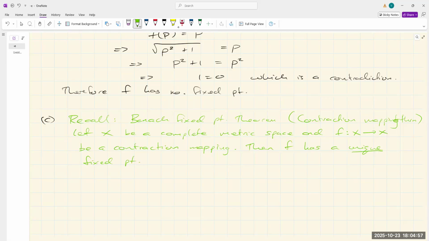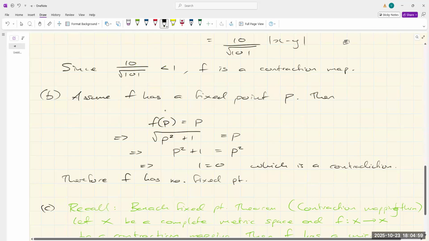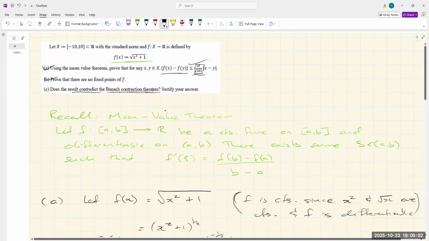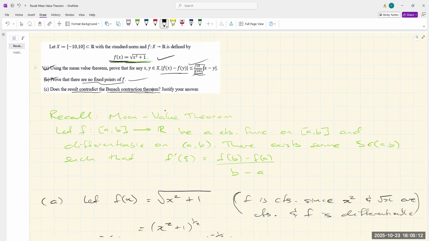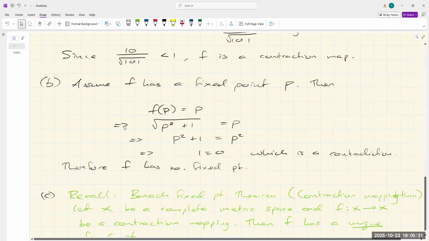We showed in the first part that this f is indeed a contraction map. But we then showed that it has no fixed point. And of course, the space we are in is R. X is a closed subset of R, and R is complete. Any closed subset of a complete metric space is also complete. Let's write down all of that.